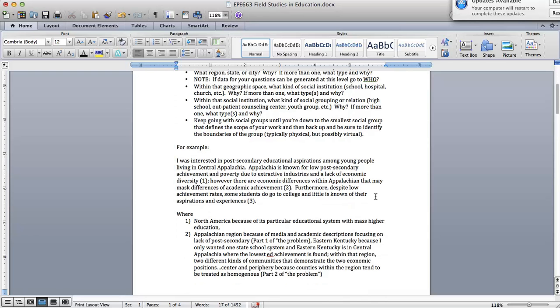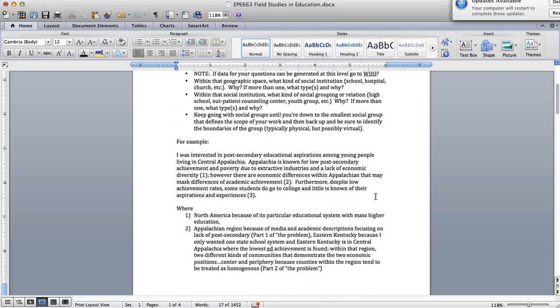I'm studying in North America because North America has a mature higher education system. So studying educational aspirations in North America is not interrupted by other structural obstacles to pursuing post-secondary. I'm studying in the Appalachian region because it's identified as a place where there is low post-secondary educational achievement, which is part one of my research design.